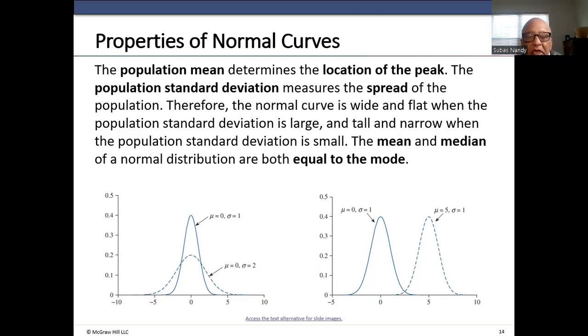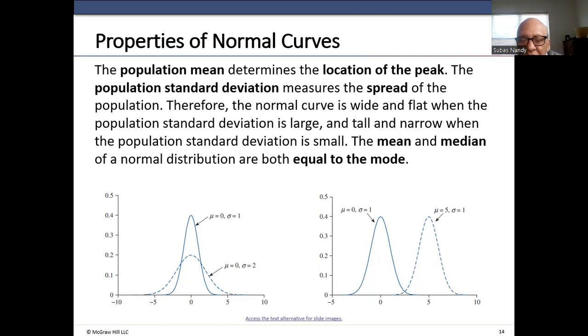Remember, mu is small m in Greek. Because we are dealing with a population, it represents the population mean, mu equal to 0. And sigma, which looks almost like a 6, is small s in Greek, and is the population standard deviation. So what we learn is, if the standard deviation is higher, the curve will be wider.